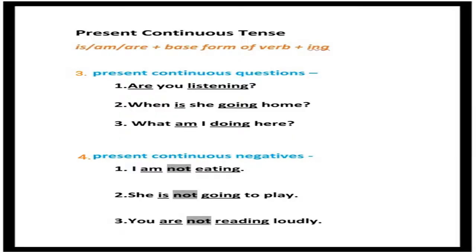Here you can see two forms of questions. Questions number 2 and 3 are made with the help of WH questions, whereas the first one is with the auxiliary verb are. Now I'll read the examples for you.